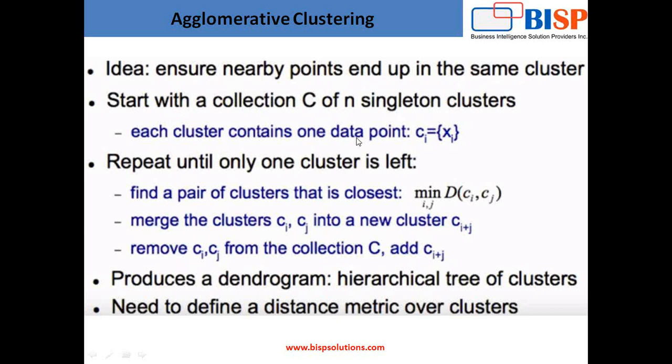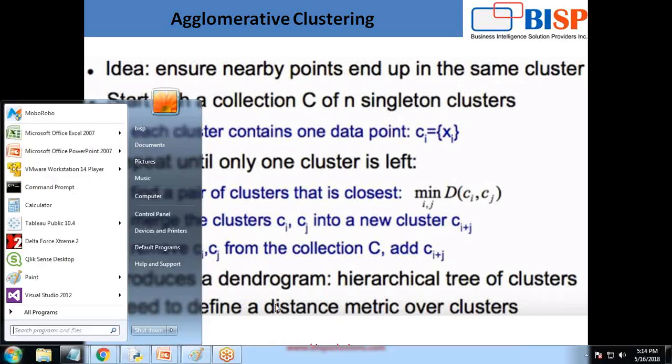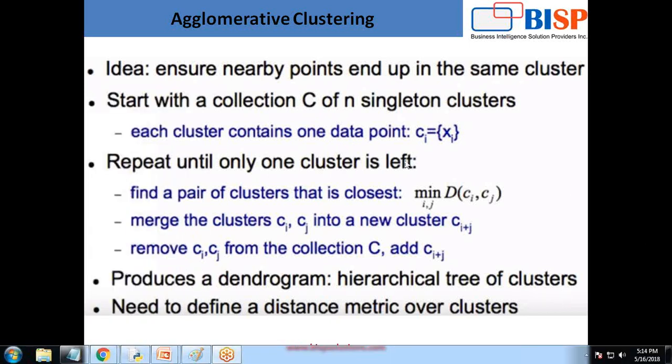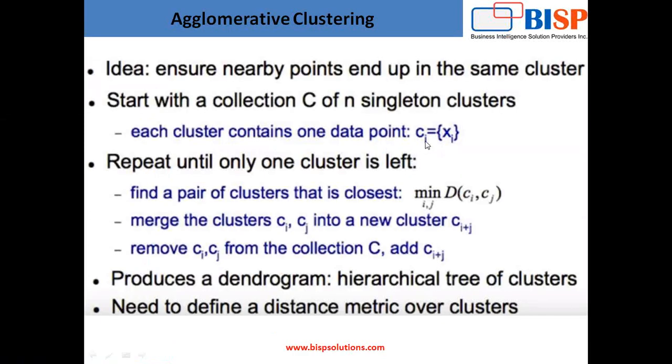So one data point we consider as one point, and we mark it as ci equals xi. One cluster contains one data point, so if we have n data points, we have n clusters.